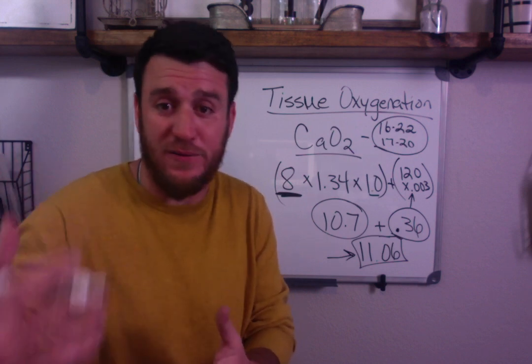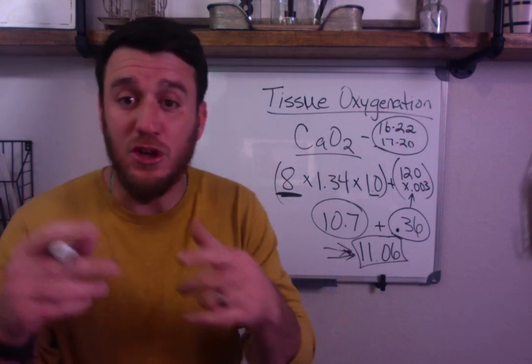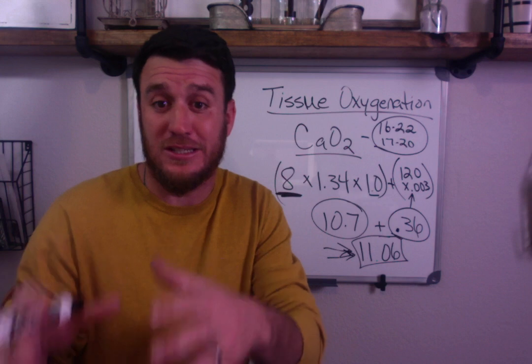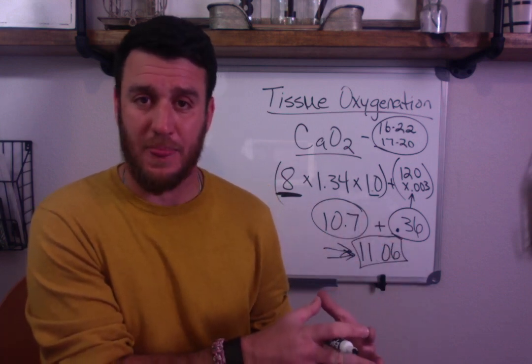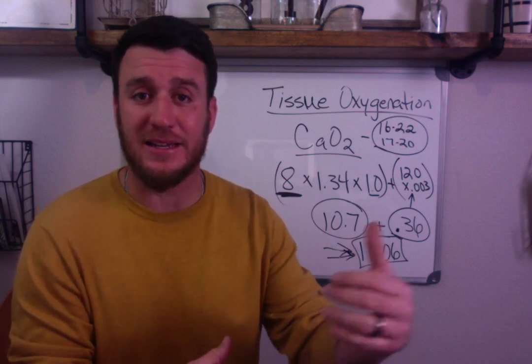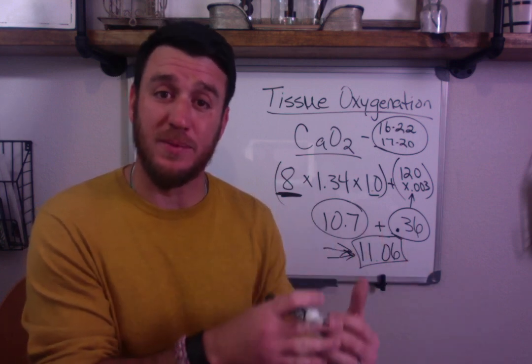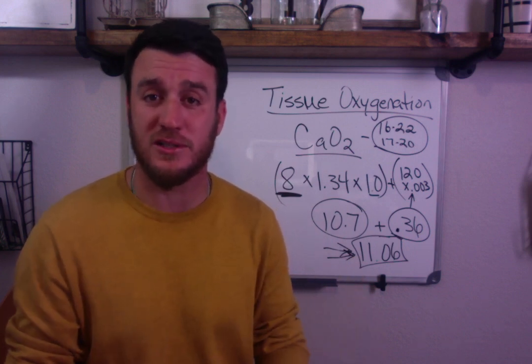If we don't have enough oxygen to metabolize, which in this case you wouldn't, then the cells and the tissues would flip to anaerobic metabolism. And that results in a buildup of lactic acid. And the buildup of lactic acid leads to a metabolic acidosis.